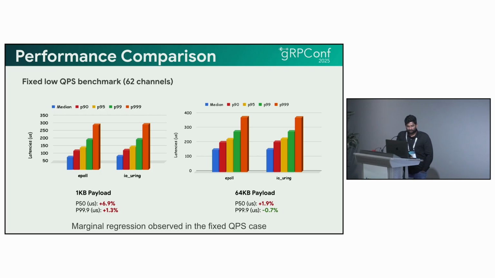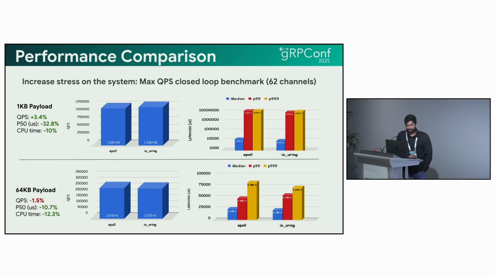So first we tried a fixed low QPS benchmark. In fact, we observed a marginal regression in our latency metric. At low QPS, memory bandwidth limitations are not the primary bottleneck, so we don't see much benefit shifting to an asynchronous syscall model. But then we increased the stress on the system.